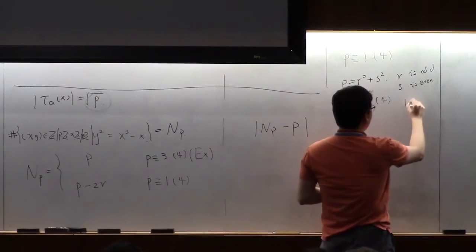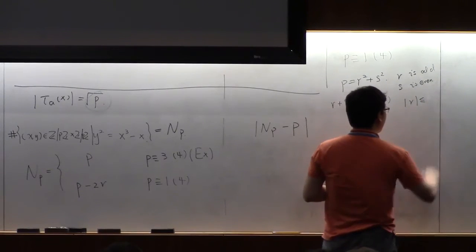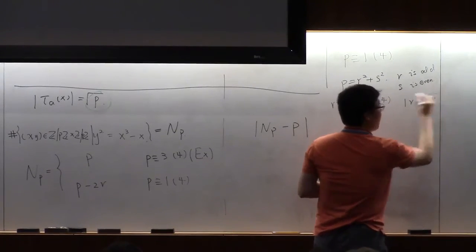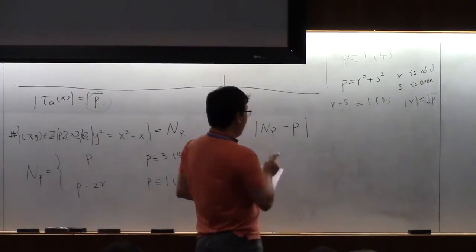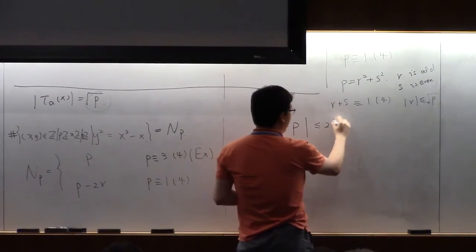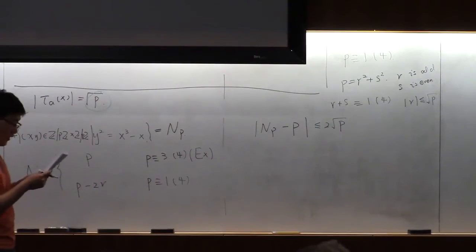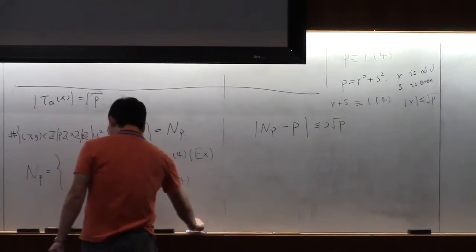So the absolute value of r is smaller or equal to the square root of p. In other words, this difference is bounded by 2 times square root p.